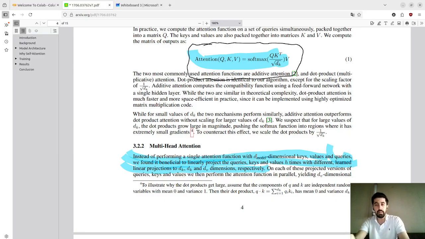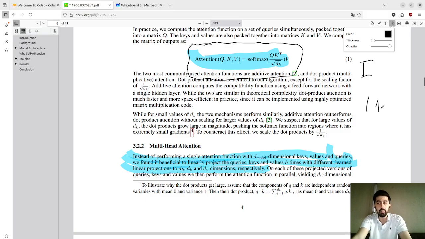Now in their paper they gave d model equal 512, so they had 512 numbers in this vector describing every word. So for example, if we had I, I was described by 512 numbers, for example 1.1, 0.9, I don't know. And I will get into vectorization later.